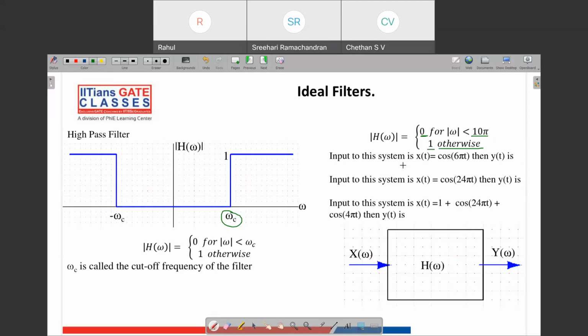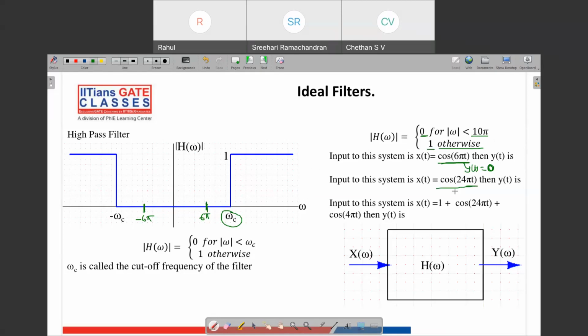Now in this case, if you apply this signal, it will get rejected. For this one, y(t) will be equal to 0, because this 6 pi t is going to fall in this range, somewhere here, and this filter is going to reject that signal.